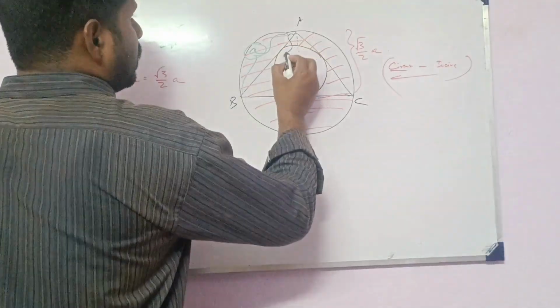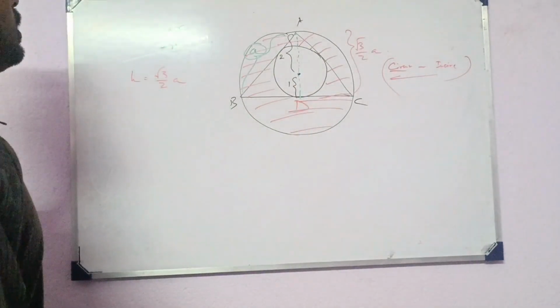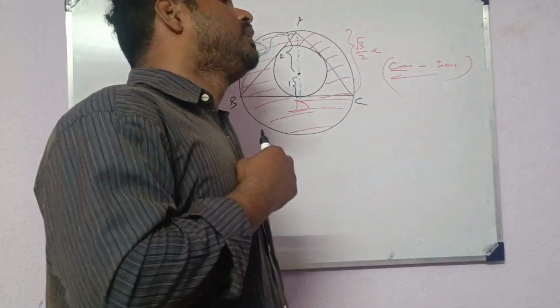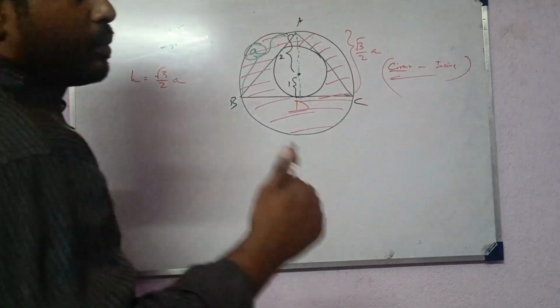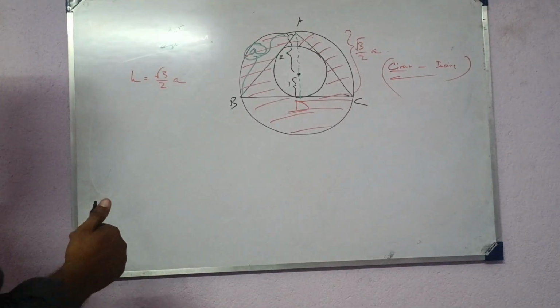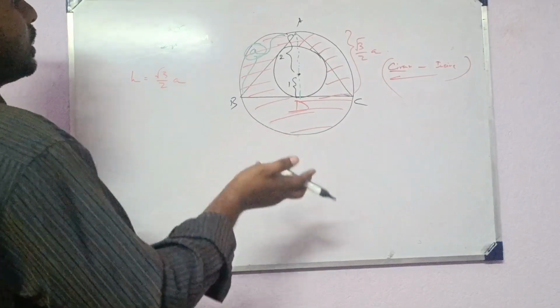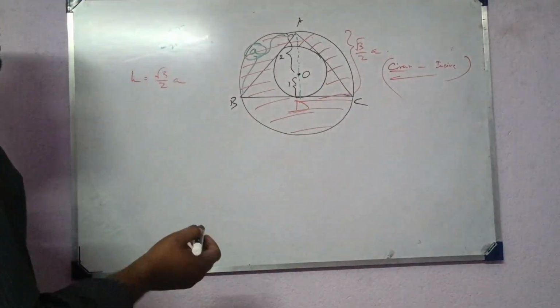The centroid of a triangle divides the median in the ratio 2:1. Therefore, as AD is the height and the median, AD is divided by that point O in the ratio 2:1.